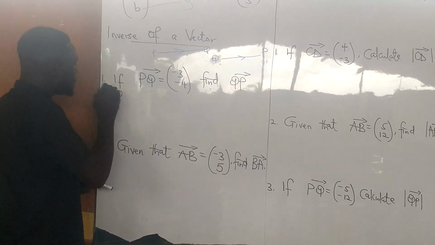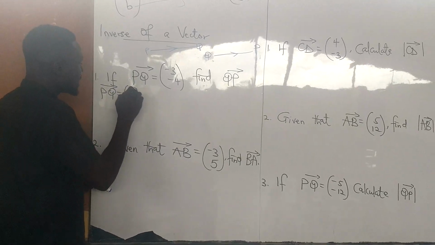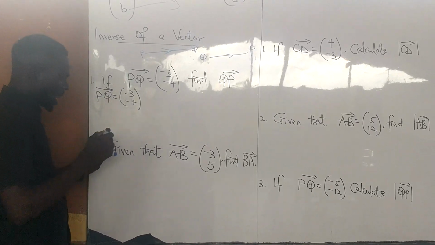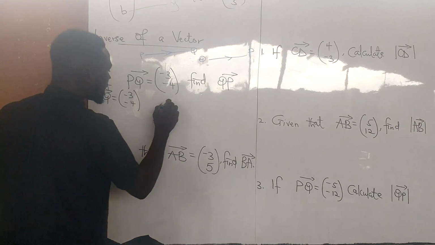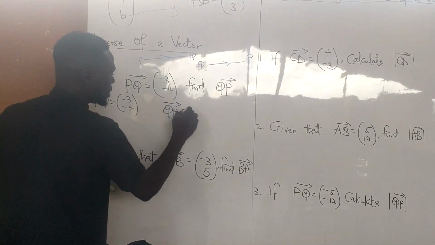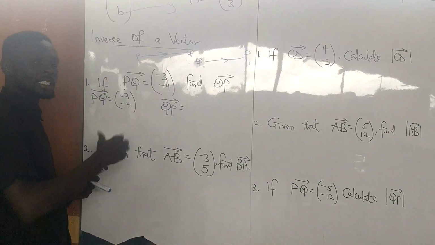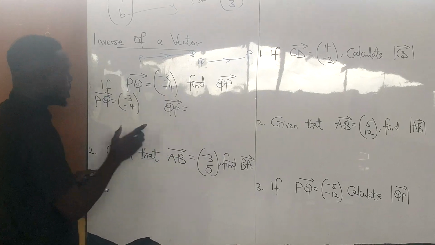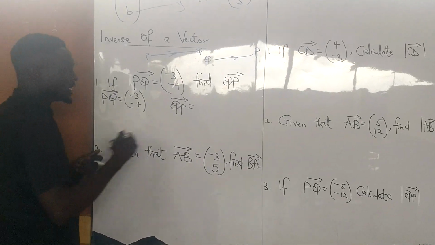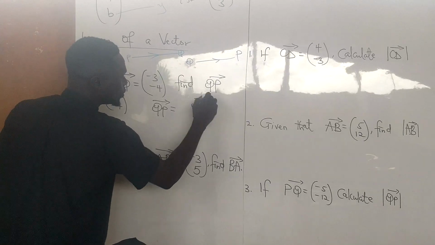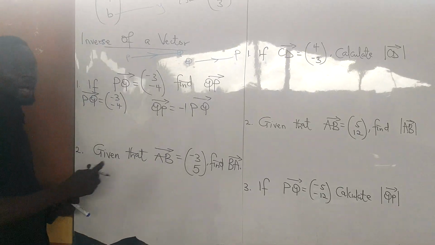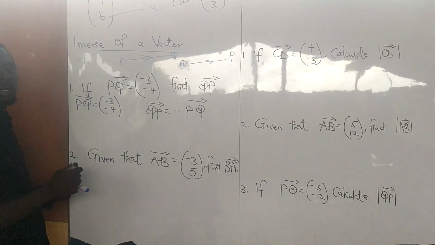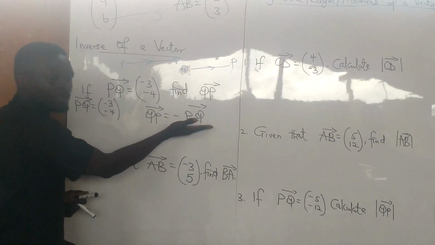So the vector PQ is given as (-3, -4), and I am to calculate vector QP. To calculate vector QP, multiply vector PQ by -1, or by negative. What are the components of vector PQ?